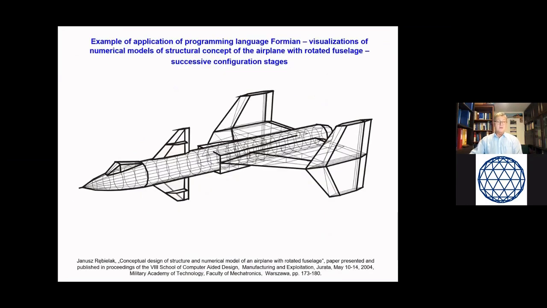As I have previously pointed out, I apply Fermion in all fields of my research and professional activity. I am still an aviation enthusiast, being a participant in a series of special scientific conferences. I was encouraged to present a structural concept of an airplane, which I initially designed in my youth.